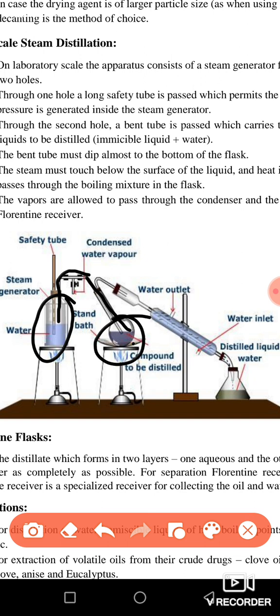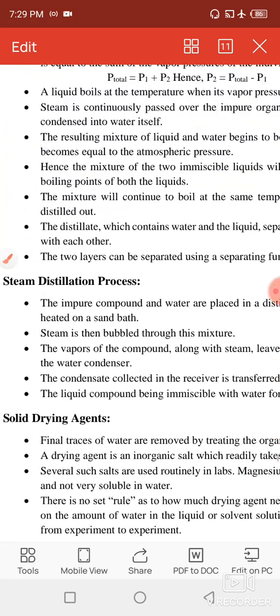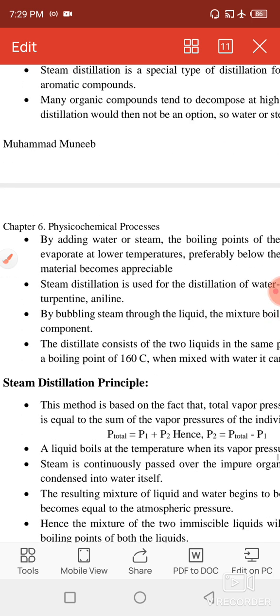You just provide the steam, and by the steam's heat, this compound will reach its boiling point. When it reaches the boiling point, it vaporizes again and moves to the condenser, and from the condenser it condenses, and the final product is obtained. So this was the procedure of this process.